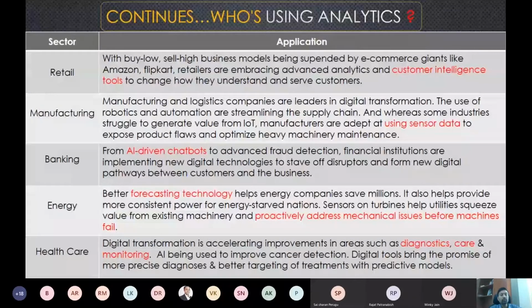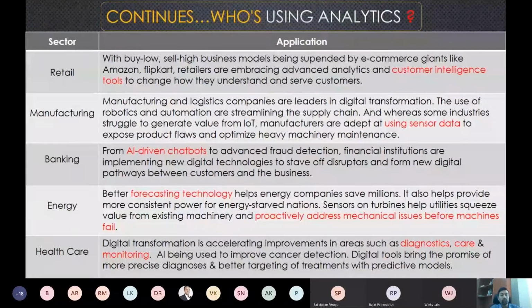And then it is also very much in use in the banking sector. Like you can see AI-driven chatbots. Chatbots are used for interaction with customers, and that interaction data, that unstructured data, can be used for fraud detection, right? Likewise, you'll find applications of various digital technologies and analytics.